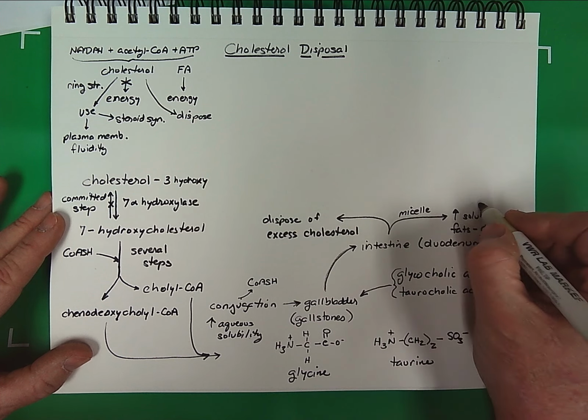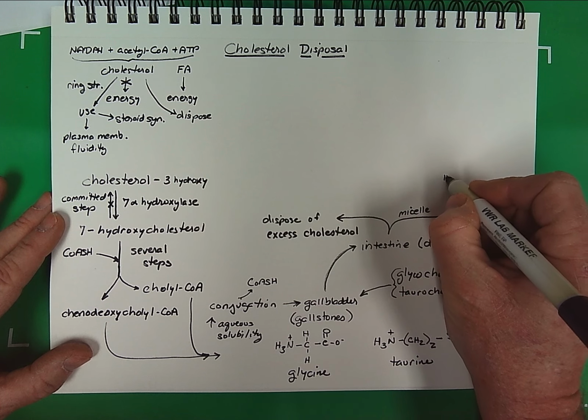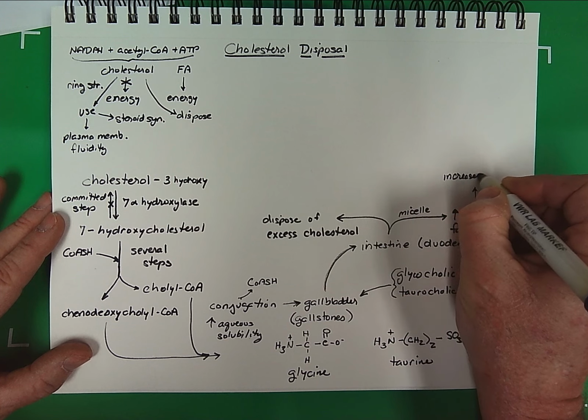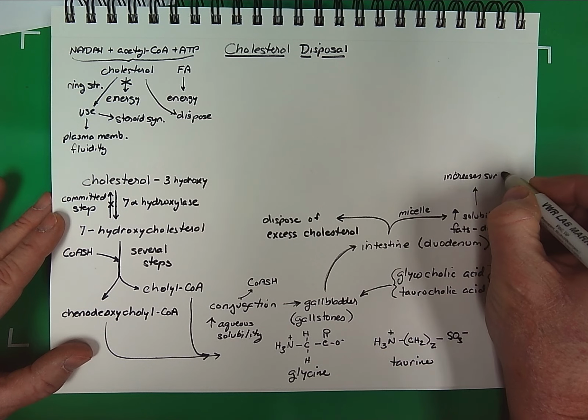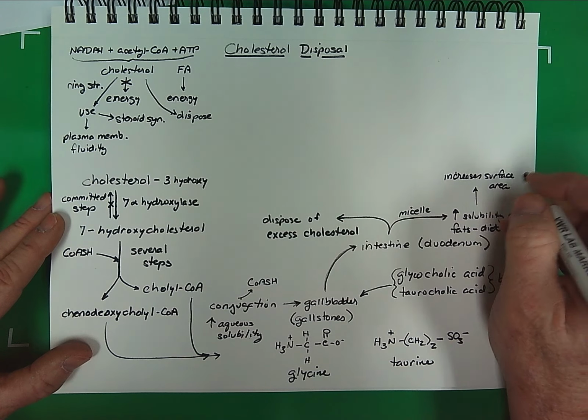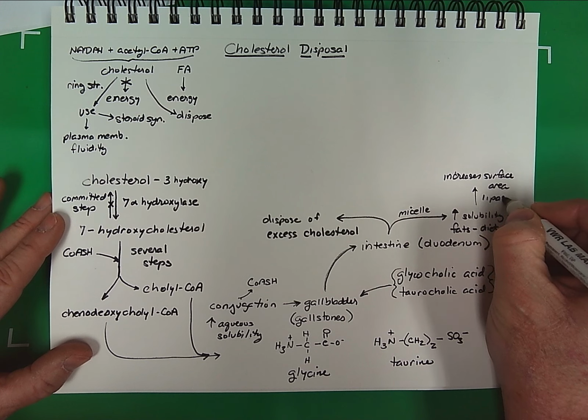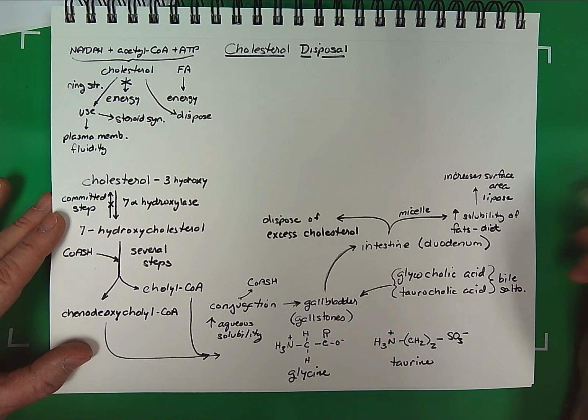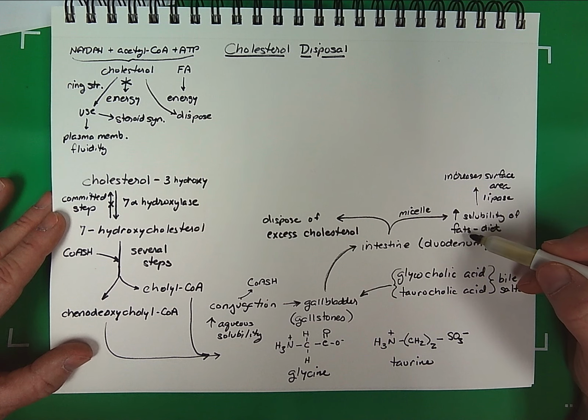What this does is increase the surface area for lipase activity. Now recall the lipases come from our pancreas, and during mealtime, the lipases digest triglyceride structures in fats to release the fatty acids for uptake by the body.